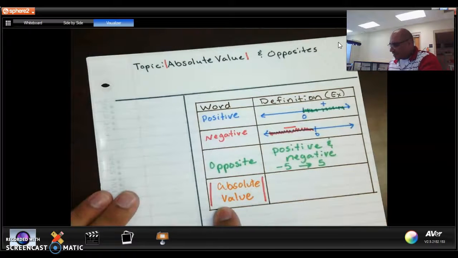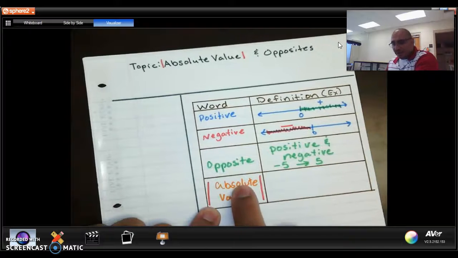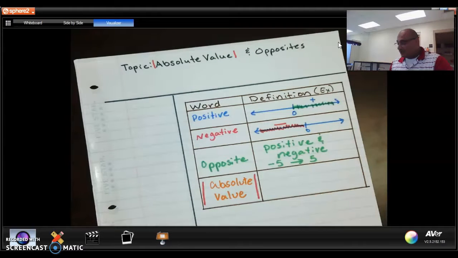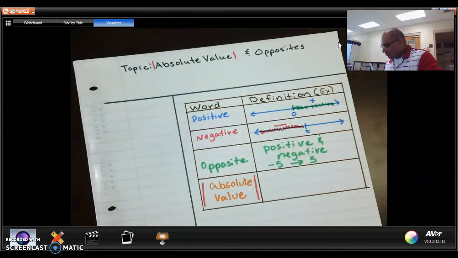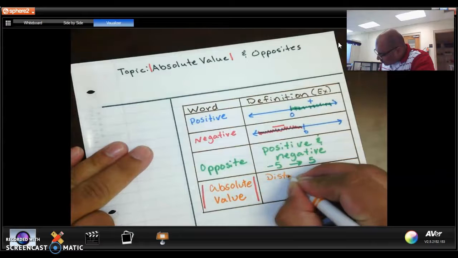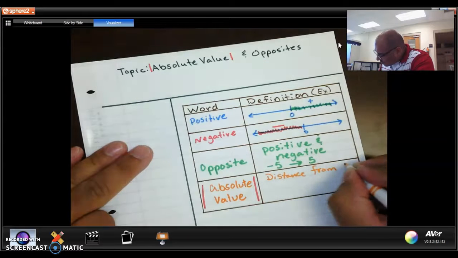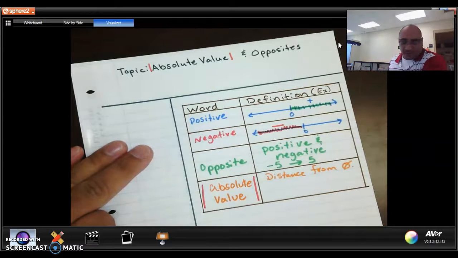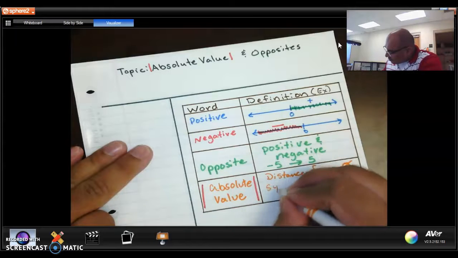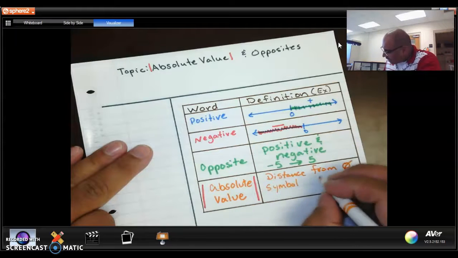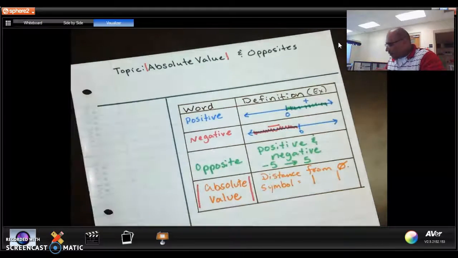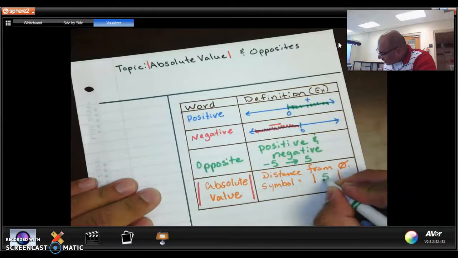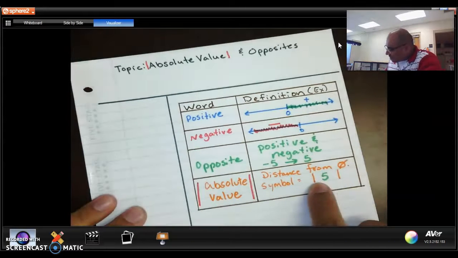This is how it's going to be represented. But the inside, there will be a number.